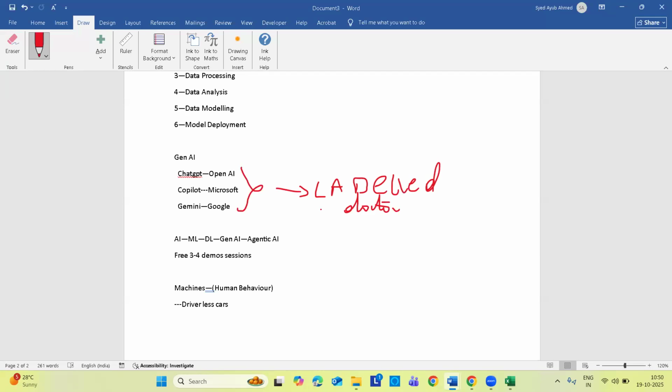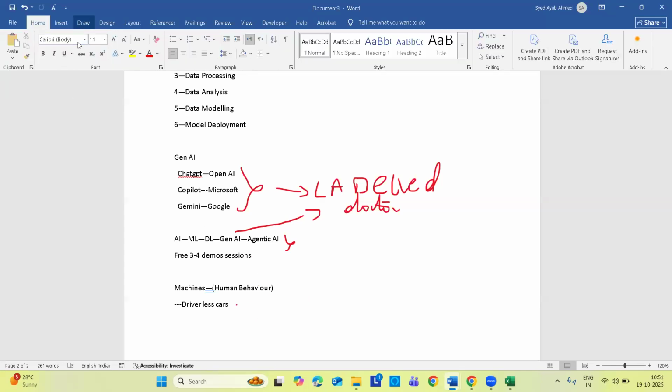And these three, AI, ML, DL, are connected to the labeled data only. Clear? Okay, so that's how it will work. One such example is this driverless cars here.